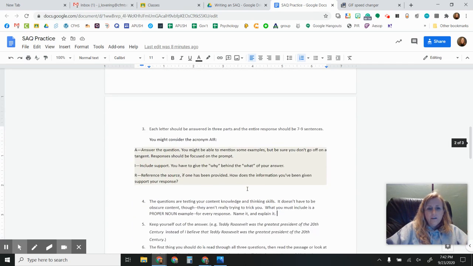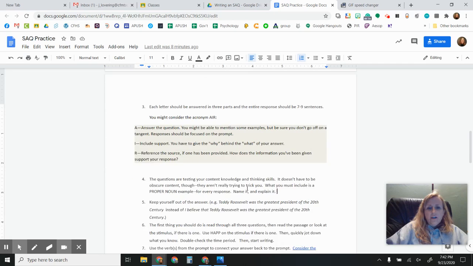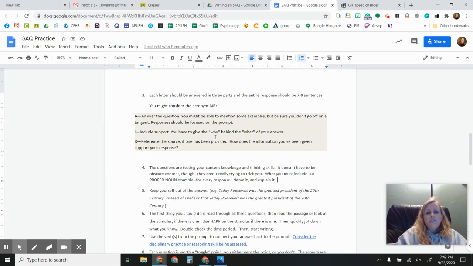All right, moving along. Each letter should be answered in 3 parts, and your whole response for all 3 parts, A, B, and C, should be about 7 to 9 sentences. You don't want to be too brief. I have seen people answer the A in 1 sentence, but it makes me nervous.